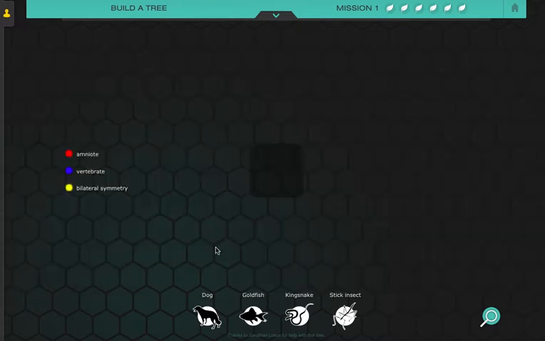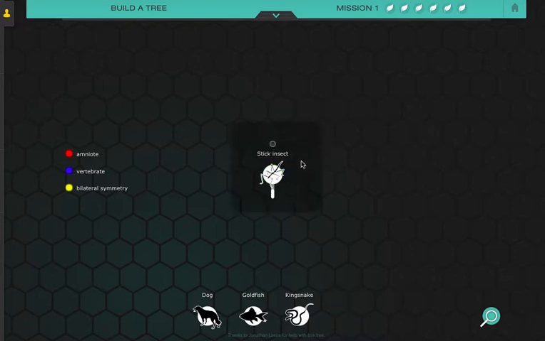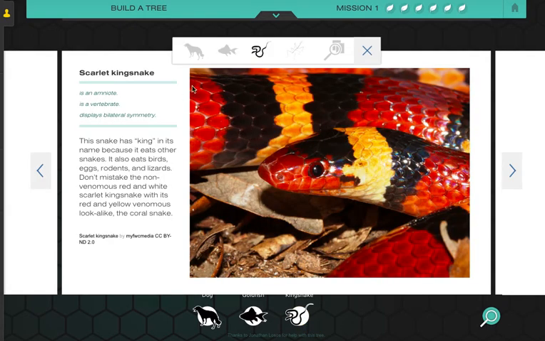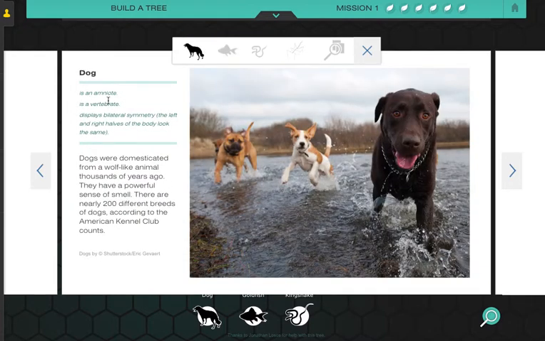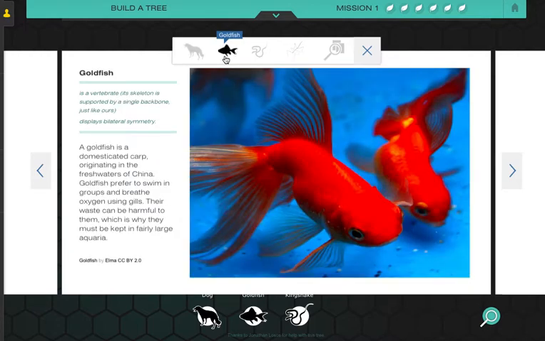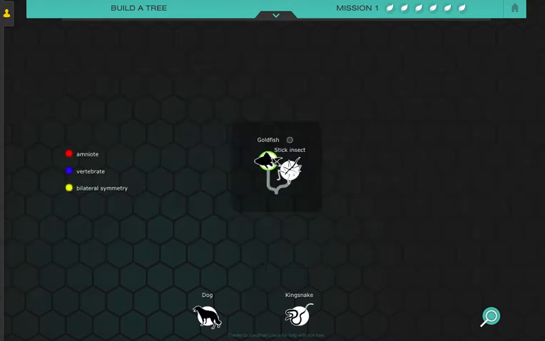I would definitely be taking notes on this and start organizing everything. I like to start with the one that's the least common from everything else and build it from there. Okay, king snake has those three, only two, and then three. So I'm going to go with the one that is now least like these other two. That's going to be my goldfish.